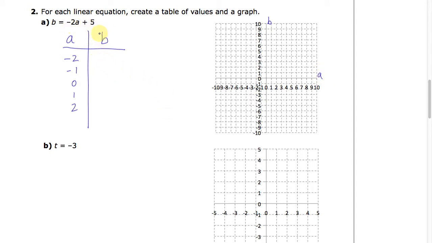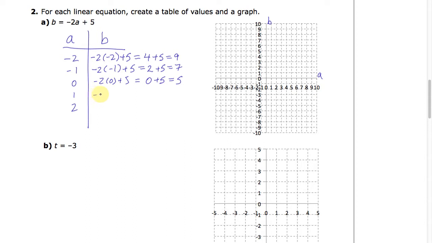So now we're going to use this equation over and over again. b equals negative 2 times the a value plus 5. So calculating that, negative 2 times negative 2 is positive 4, and adding 5 to that will give us 9. You can do the same thing for each one of the next values that follows. So negative 2 times negative 1 plus 5, which would give us 2 plus 5 is 7, and negative 2 times 0 plus 5, which gives you 0 plus 5, and that's 5.